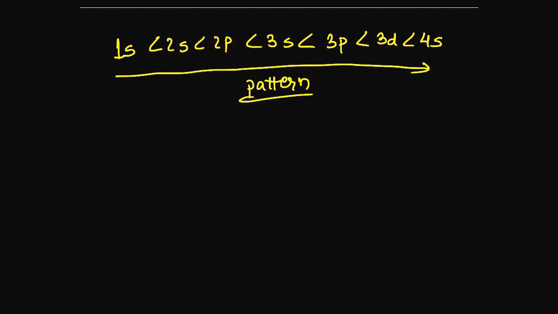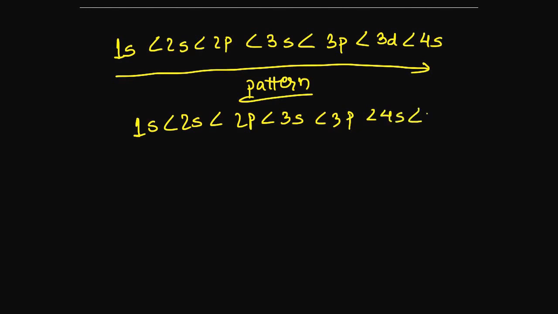Now, the anomaly seen in this case is this: 1s, 2s, 2p, 3s, 3p, 4s, and 3d, which means 4s is lower energy than 3d, and hence the electron is first filled in the 4s orbital, then in the 3d orbital. That is why, in case of scandium to zinc, the electrons are first filled in the s orbital, then in the d orbital.